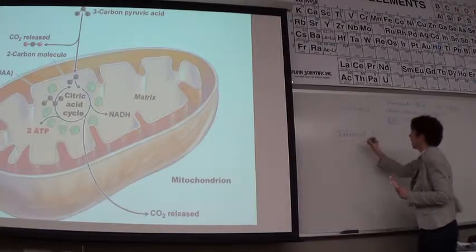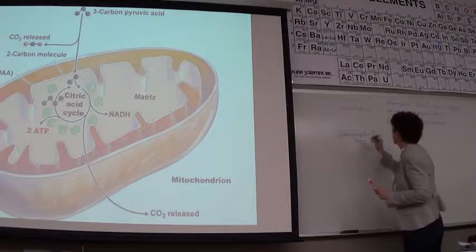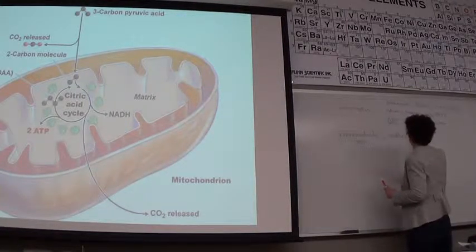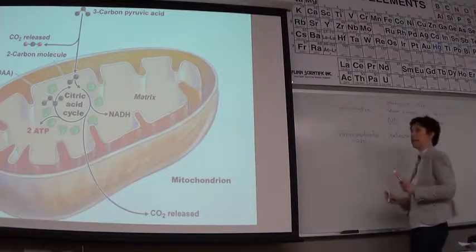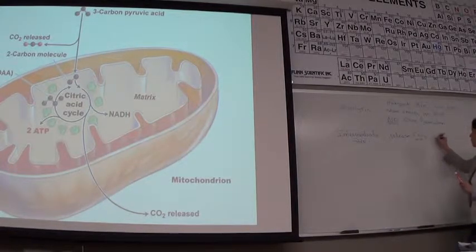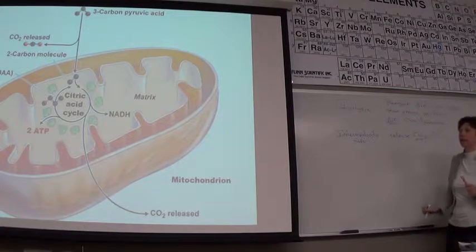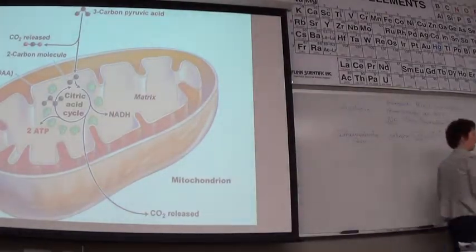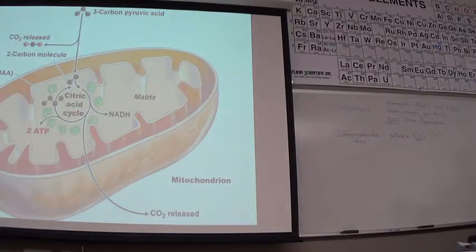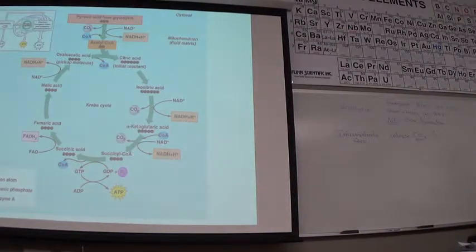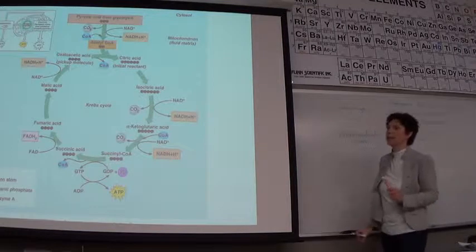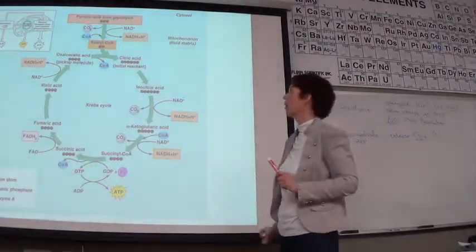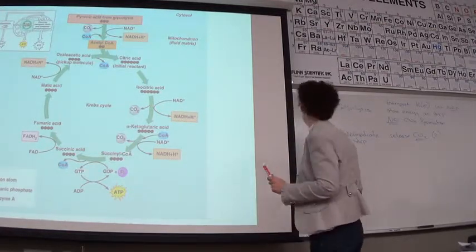With our intermediate step, we release CO2. So that's going to account for 2 of our carbon dioxide components. So that's the step at the top. You can also see that additional hydrogen is captured with our coenzyme NAD and transported.